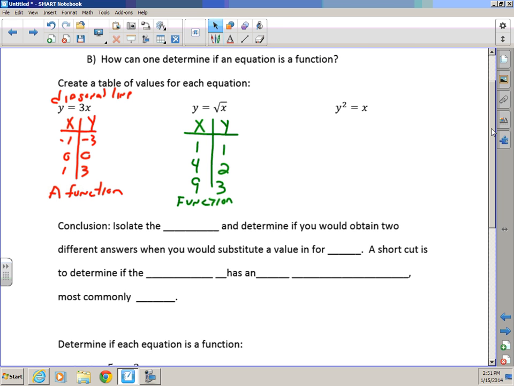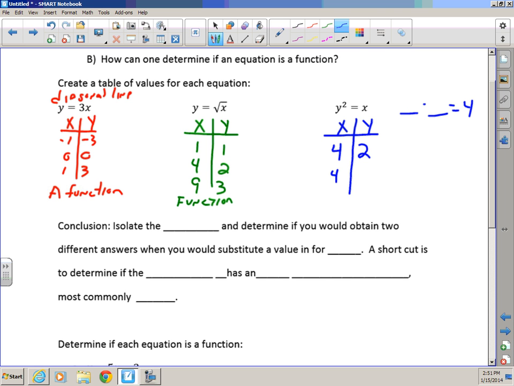Then I look at the last one. If x is 4, well, what times itself equals 4? The simple one is 2, but the one people will forget about is also negative 2. So this is not a function.